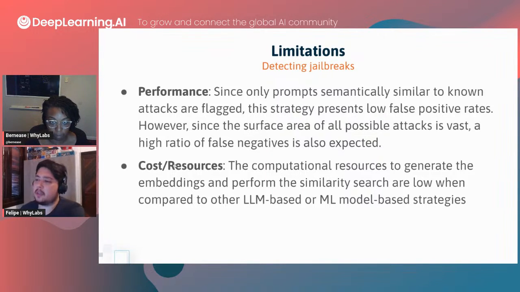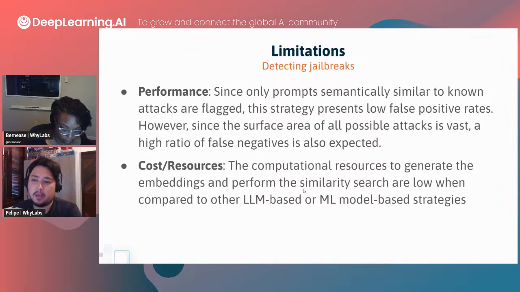And the second thing to note here is about cost and resources. The computational resources to generate those embeddings and perform the similarity search are fairly low when you compare it to other detection strategies that might interact with LLMs or use other machine learning models. In this case, we are computing the embeddings beforehand for the vector database.